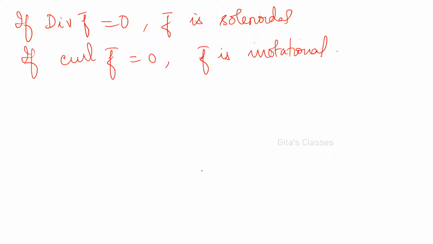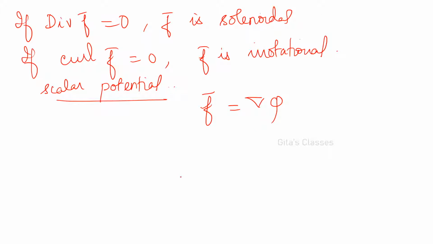Okay, and another important point, if f bar is irrotational, then you can find out the scalar potential. Scalar potential means if it is irrotational, definitely f bar can be written as del phi. Okay, then you have to equate this.